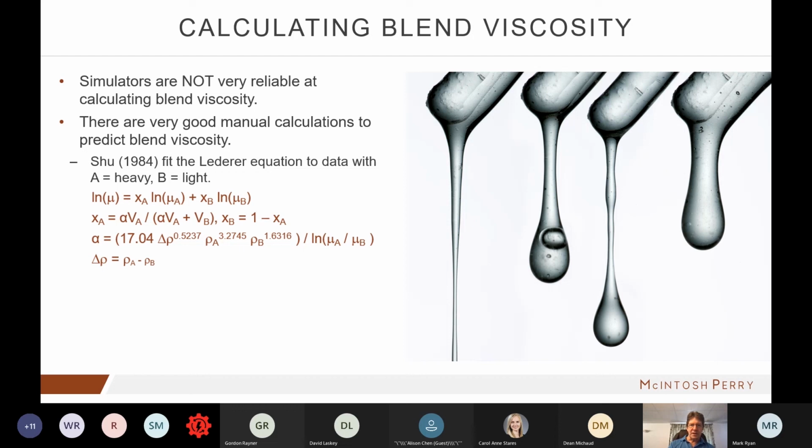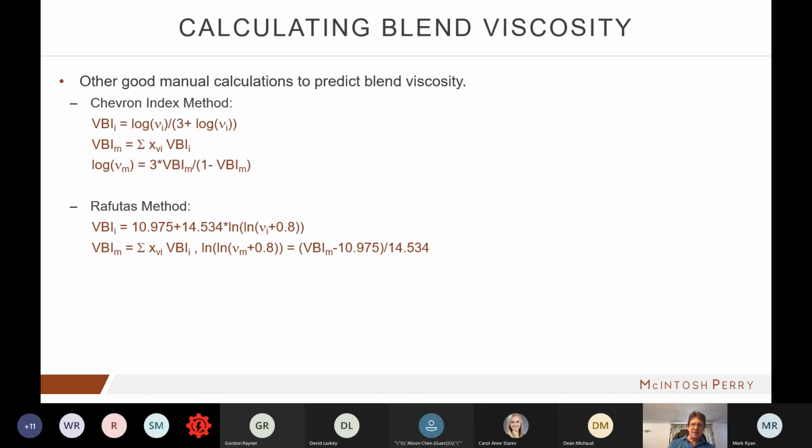And you can see there that Shu's also using the dynamic viscosity. The second method that's quite common, and this comes out of the refining world, is you can't really blend viscosities linearly, but you could blend something called a viscosity blending index linearly, or a VBI.